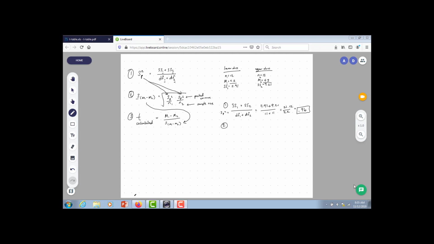Step 2 involves calculating our estimated standard error of the mean difference. So I'm going to take that pooled variance and simply bring it down and put it in the formula. This time I'm not going to write out the formula. Be careful in the denominator to insert your sample size and not your degree of freedom.